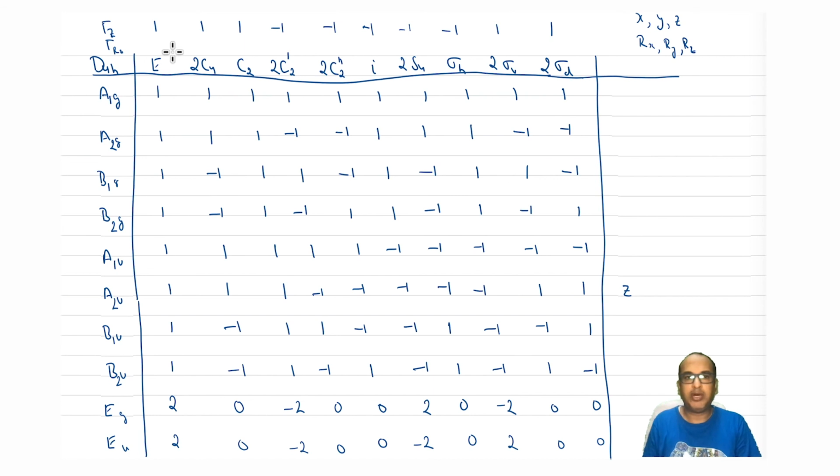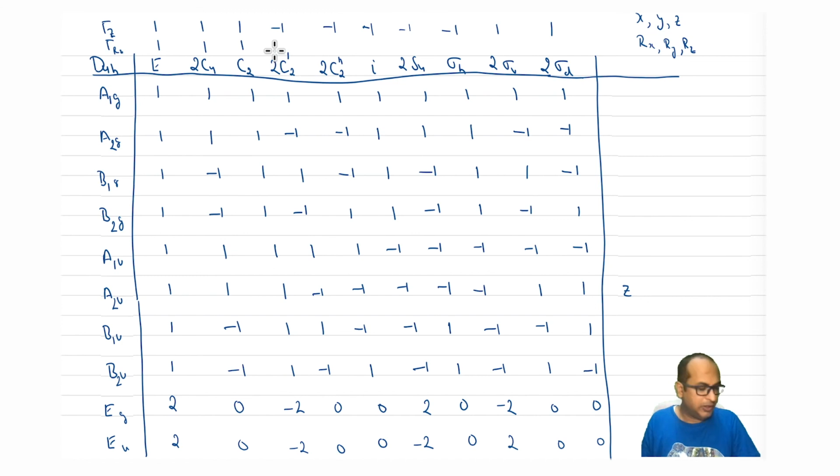So what will be for tau RZ? For tau RZ, E will be 1. C4 is the principal axis, and the character for Z and RZ will remain the same. So that will be 1, 1, 1, 1. And then for C2 prime, again it's a rotation, so the character will be the same.